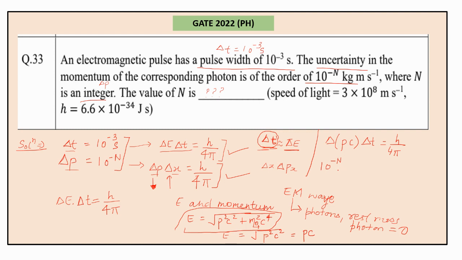C is given, C is 3 into 10 raised to the power 8. Delta t is given to us, how much? 10 raised to power minus 3. h is 6.6 into 10 raised to the power minus 34, and 4 into 3.14. So can you all calculate how much it is coming?